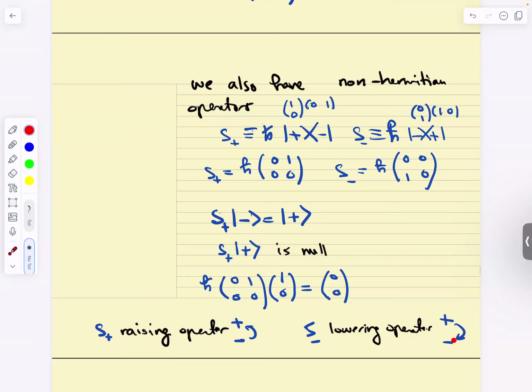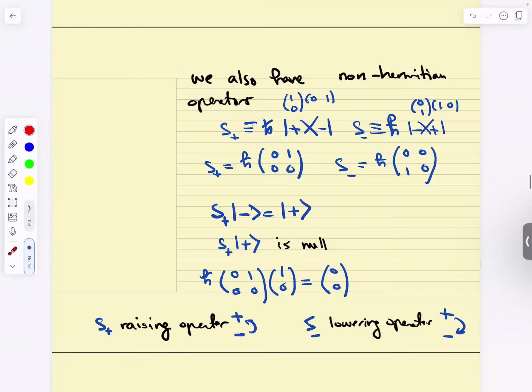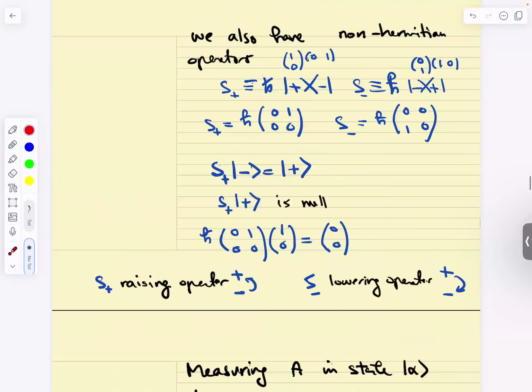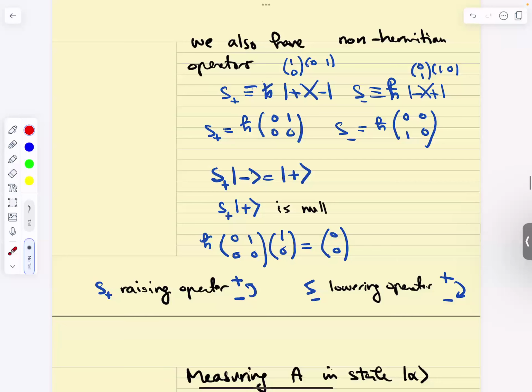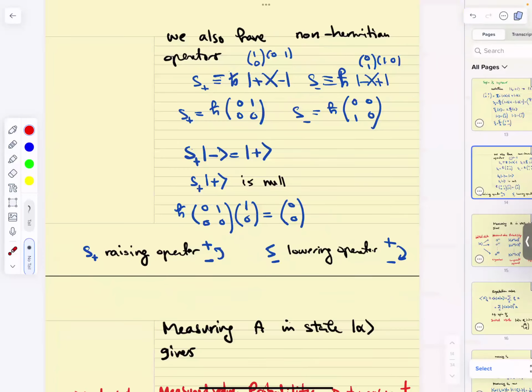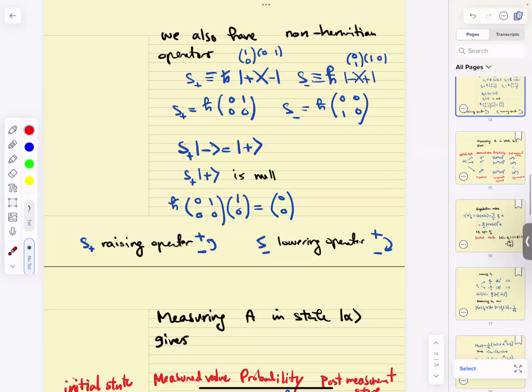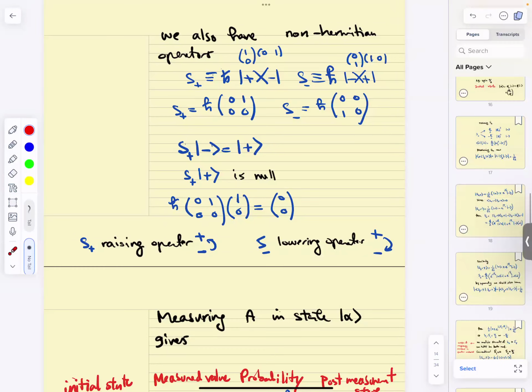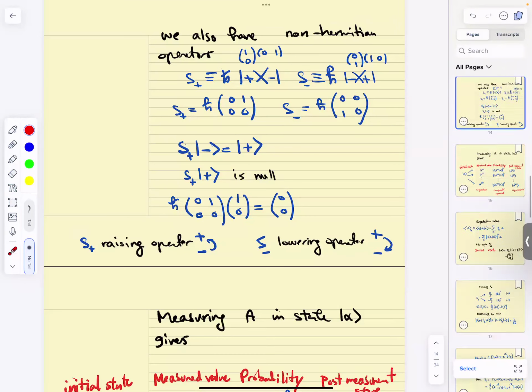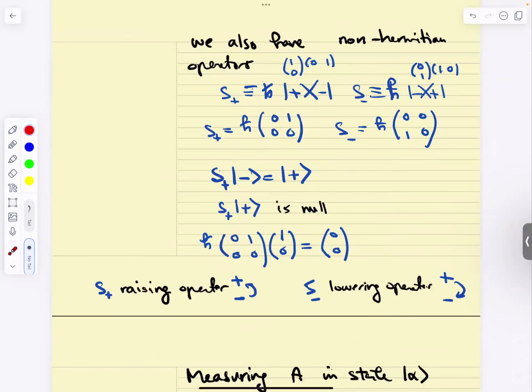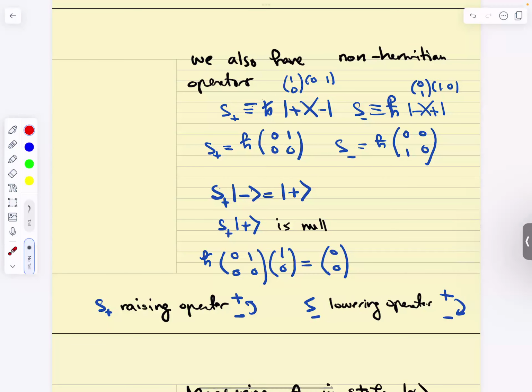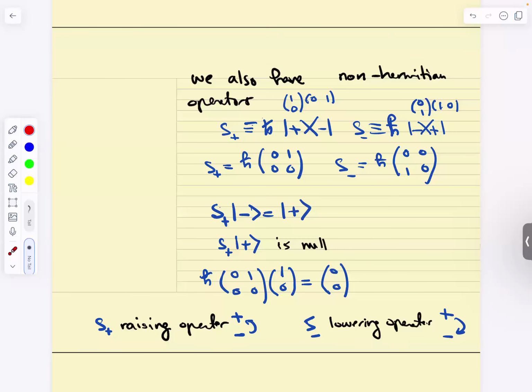It takes plus to minus, and it kills minus because minus could not be lowered anymore. Good? Any questions?